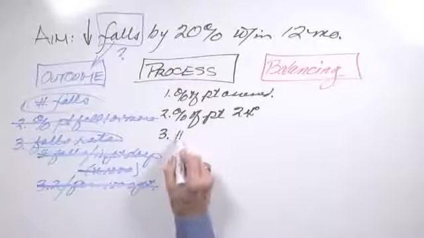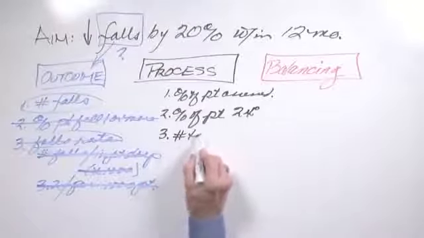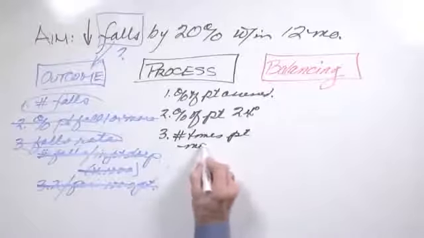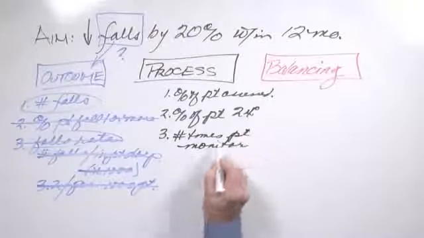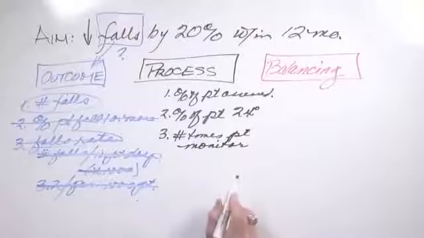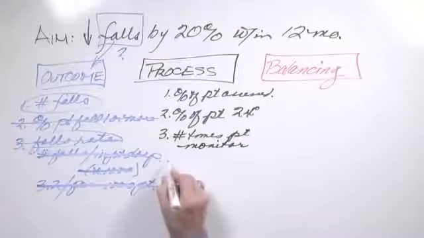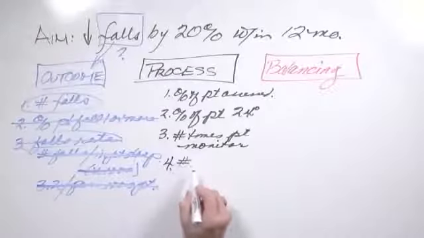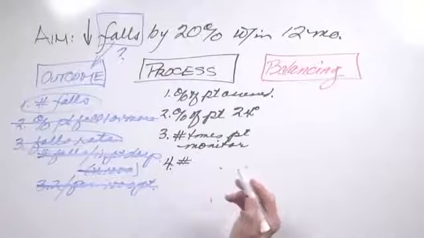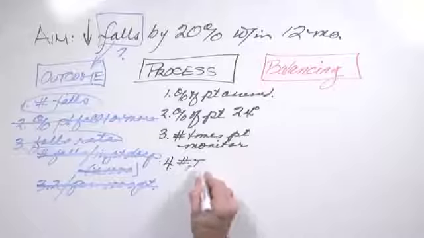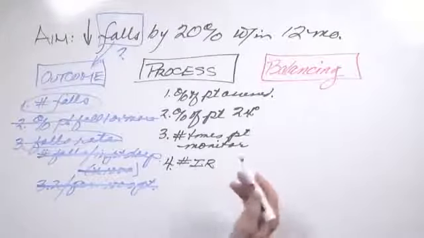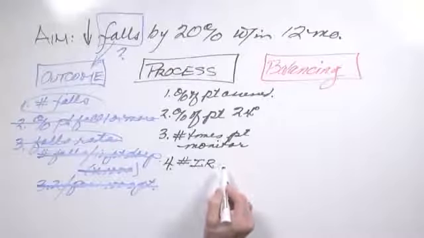Thirdly, we could look at the number of times a patient is monitored and checked for getting out of the bed or having a problem that they needed to move when in fact they shouldn't. And finally, you could look at the number of times that you do certain procedures and programs. There's a program called intentional rounding, IR, where nurses or nurse assistants make rounds on patients regularly.